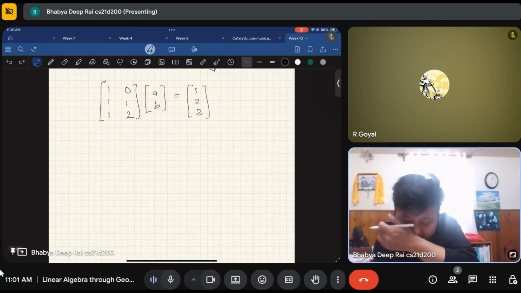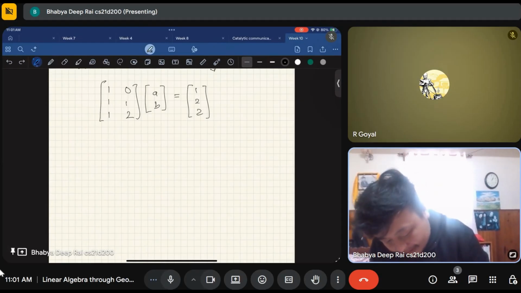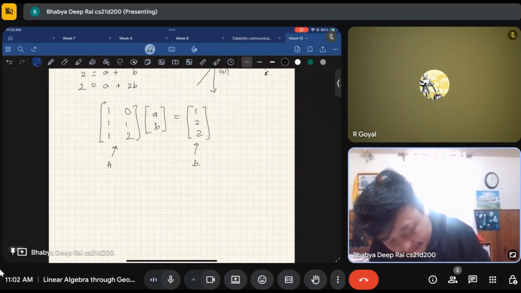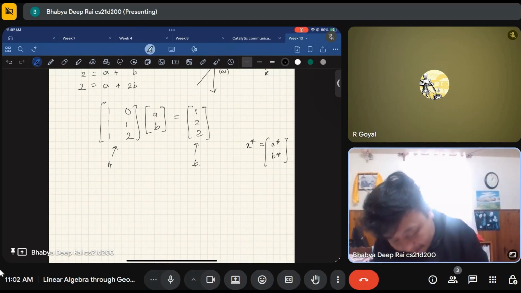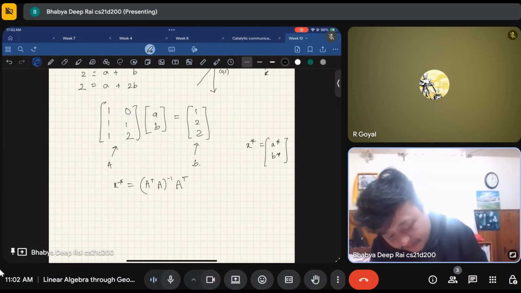Now all that is left is to solve the system of linear equations using the least squares method. So how do you do that? You compute the pseudo inverse. Here this is your A and this is your b. So how do you find the least squares solution? We'll assume that the solution matrix x star is equal to a star b star, instead of x equals a b. Now x star is equal to the pseudo inverse, which is (A transpose A) inverse times A transpose times b.